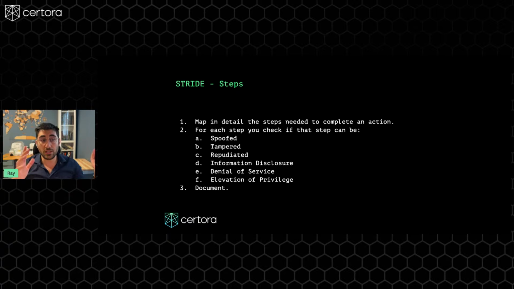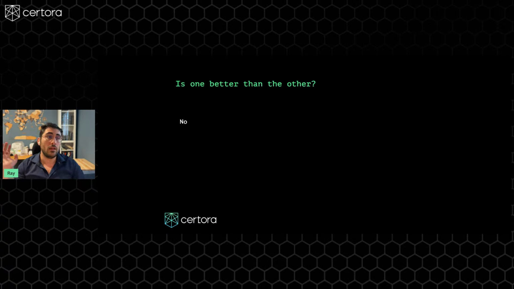After you do these for each step, for each meaningful action, you document those. So this is STRIDE. Is one better than the other? No, obviously not. We have the Star Foundation, who are super smart and work really hard, and they found the system, which is the standardized best practice one.